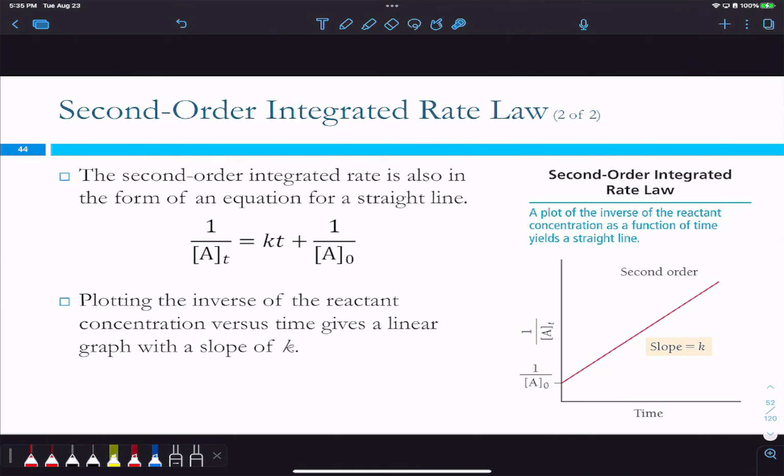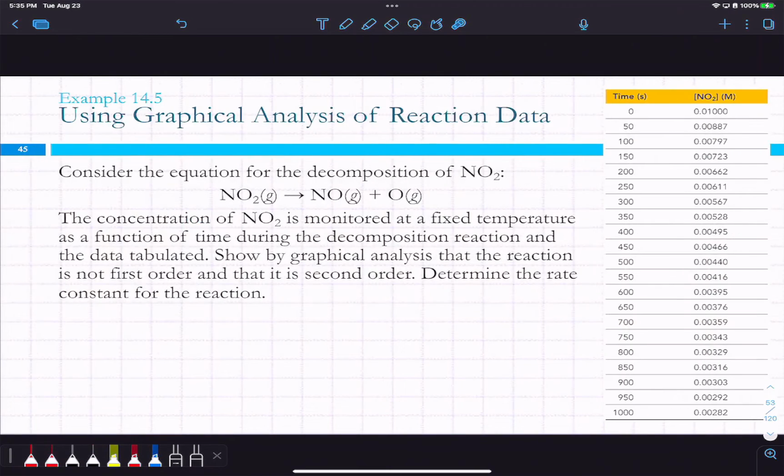Like I said, with the first order integrated rate law, it's the natural log versus time. Second order is 1 over the concentration versus time. And we'll get to zero order too. So similarly, we can use graphical analysis to determine if our chemical reaction is first order or second order, just by graphing it.